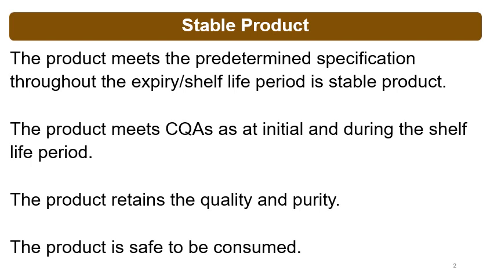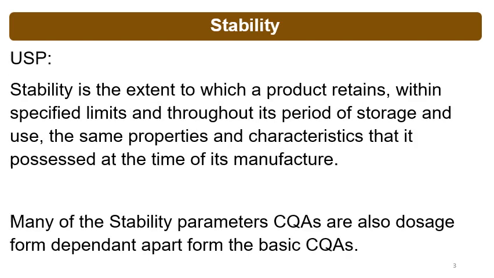That means the potency will be maintained, the dissolution profile will be maintained, and the physical appearance and the impurity limits will be passed by that formulation, or the impurity will be in the predetermined specification. So this is the simple meaning of stable product. And if any of these criteria is failing, that time you can say that the product is failing or product is not stable.